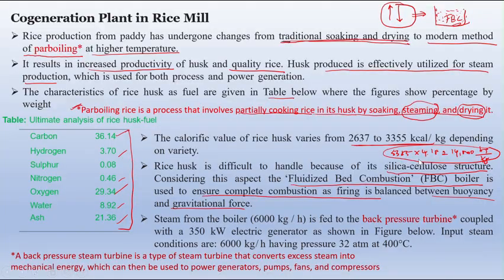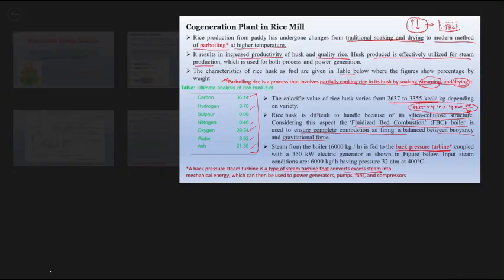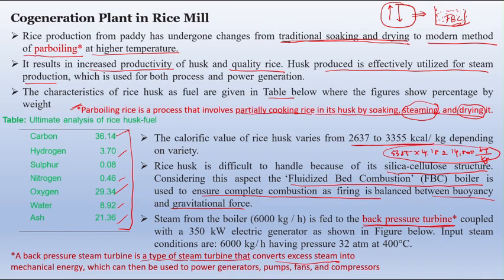Next, the steam from the boiler comes to the turbine. The turbine used in cogeneration is a back pressure turbine. So what is a back pressure turbine? A back pressure turbine is a type of steam turbine that converts the excess steam into mechanical energy, which can be used to power generators, fans and compressors.